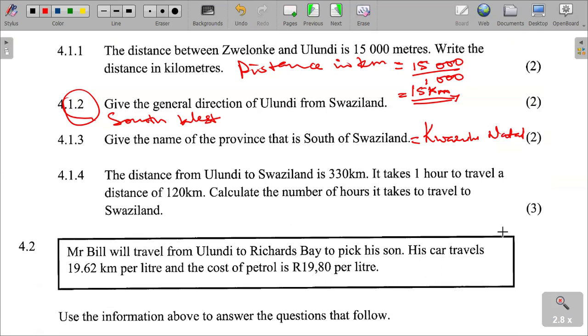The distance from Umlund to Swaziland is 330 kilometers, and it takes 1 hour to travel a distance of 120 kilometers. Calculate the number of hours it takes to travel to Swaziland.